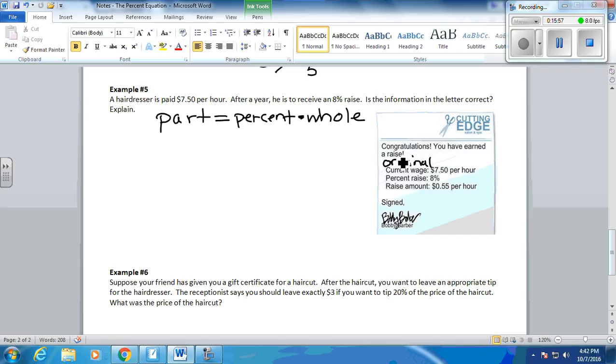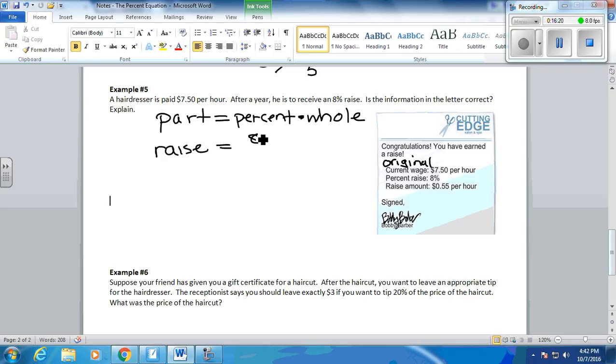So the raise amount is what we're going to be checking here. Now we could put 55 in here for the 55 cents equals 8% times $7.50 and then check to see if that is a true statement, or we can just figure out if 8% of $7.50 is actually 55 cents. So I'm going to say that the part in this scenario is actually the raise.